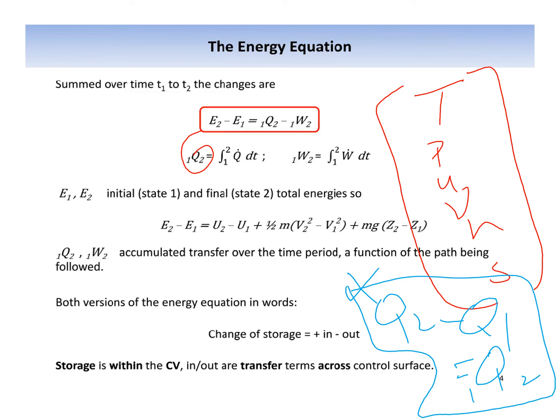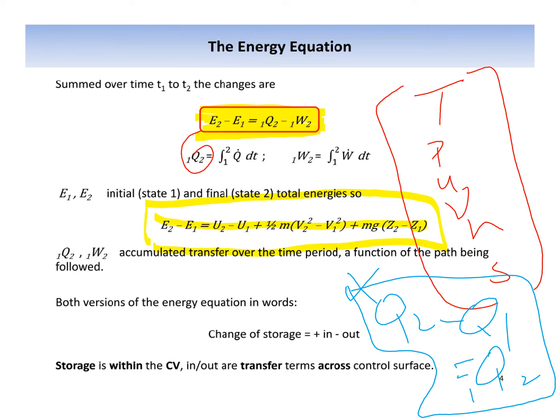So we can only represent our first law of thermodynamics in this form, and then we can write it down into this form.